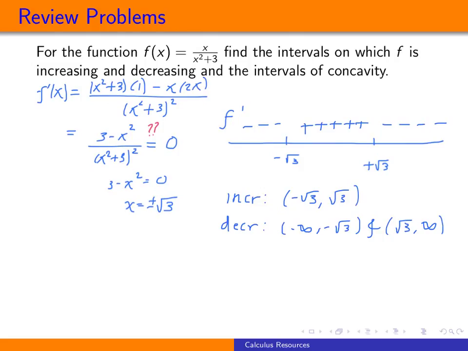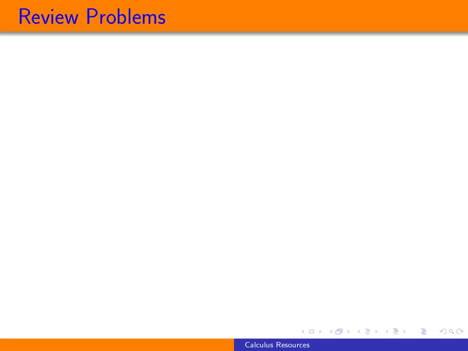Now that we've determined the intervals of increase, decrease, let's look at the intervals of concavity. So we found on the first slide here that f prime of x is equal to 3 minus x squared divided by x squared plus 3 quantity squared. So to find the second derivative, we are once again going to use the quotient rule.